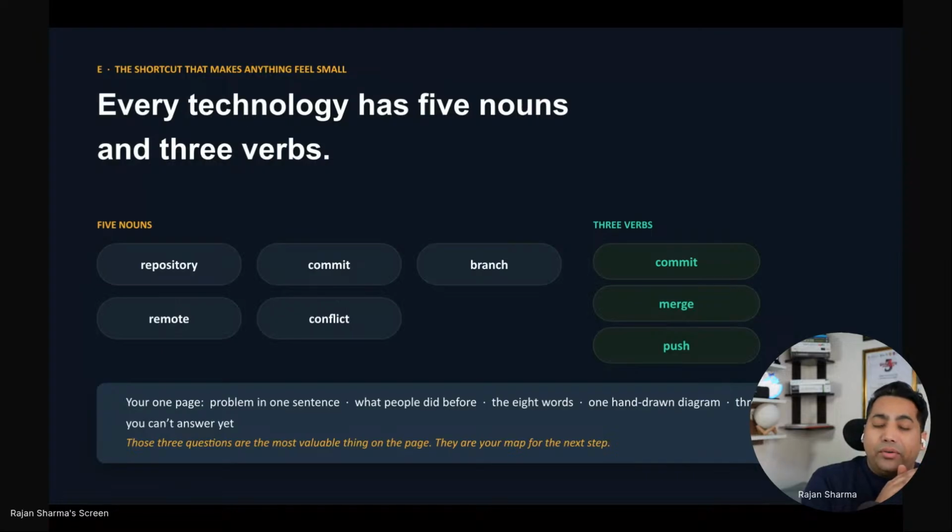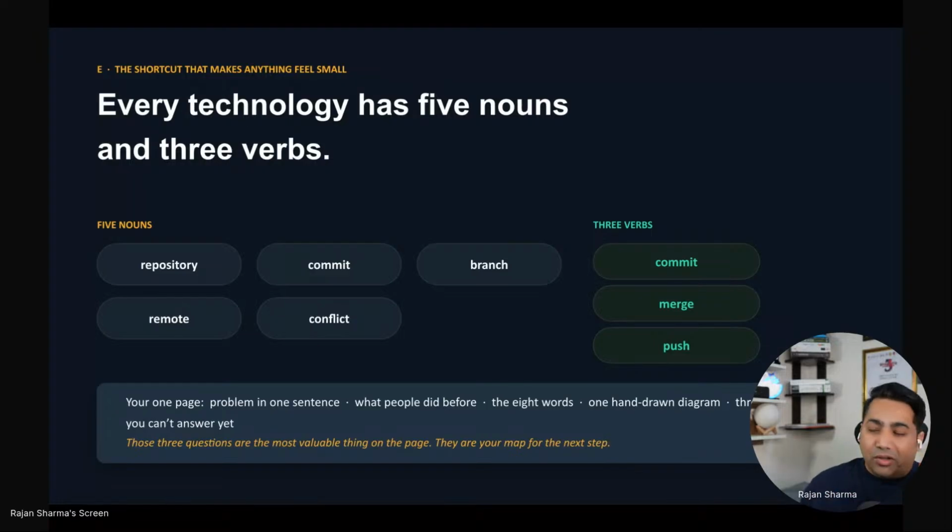So what you have to do is understand what problem it solved in one sentence, what people did before it and what hurt, the five nouns and the three verbs, and one diagram you draw by hand.